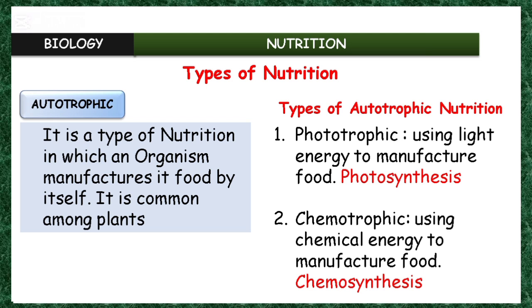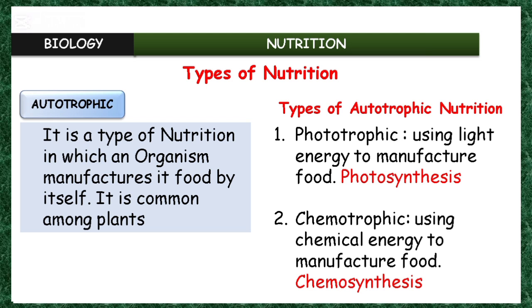Just to break the words down: photo represents light, while chemo represents chemical. Synthesis is all about the manufacturing of food or manufacturing of anything. So photosynthesis and chemosynthesis are types of autotrophic mode of nutrition.